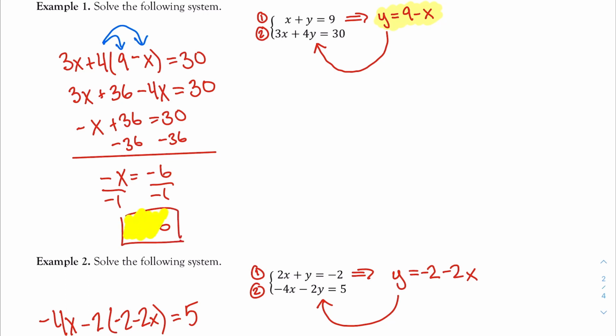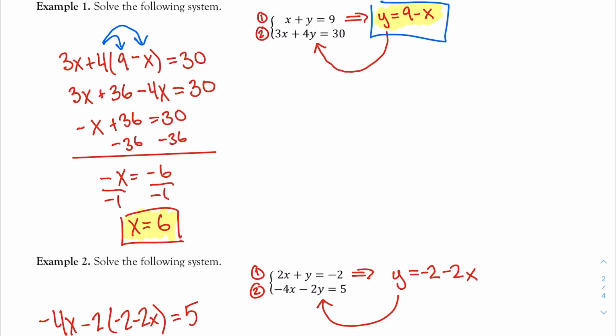But remember, my solution is an ordered pair, x comma y. I need to figure out what y is as well. The reason this is going to be a lot nicer for us is, remember, in the very beginning, I said y is equal to 9 minus x.